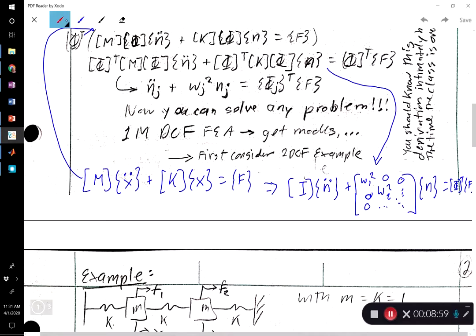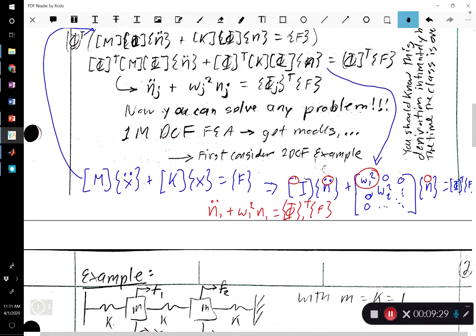Now, if we take the first term on the diagonal here, it multiplies the first element in eta double dot and eta. So that would give us just eta 1 double dot plus omega 1 squared eta 1 is equal to the first eigenvector transpose times the force.